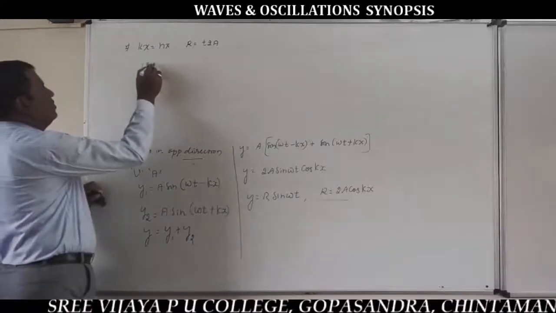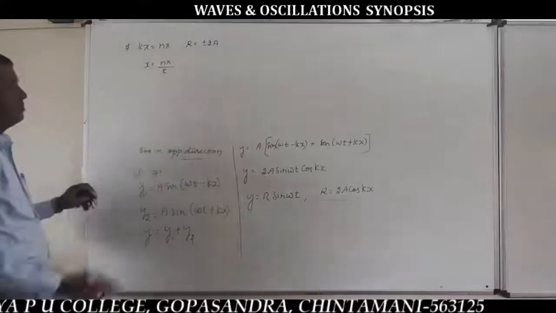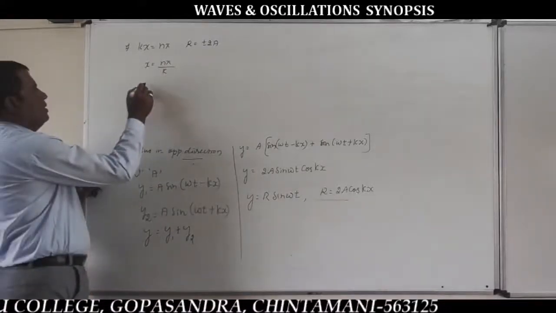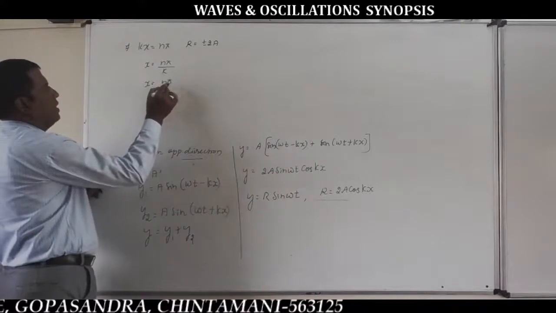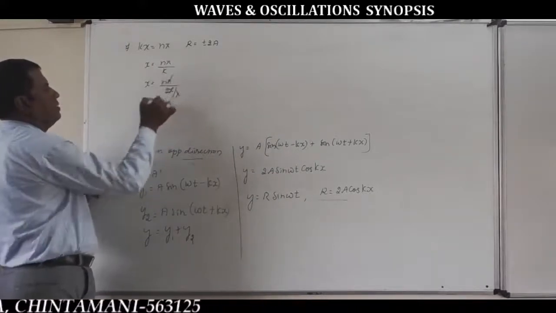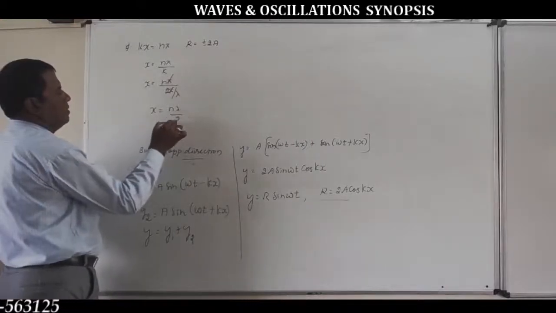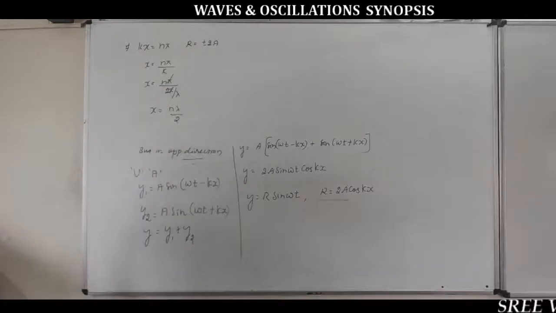X is equal to n into pi by k. X is equal to n into pi by k can be written as 2 pi by lambda. X is equal to n into lambda by 2.